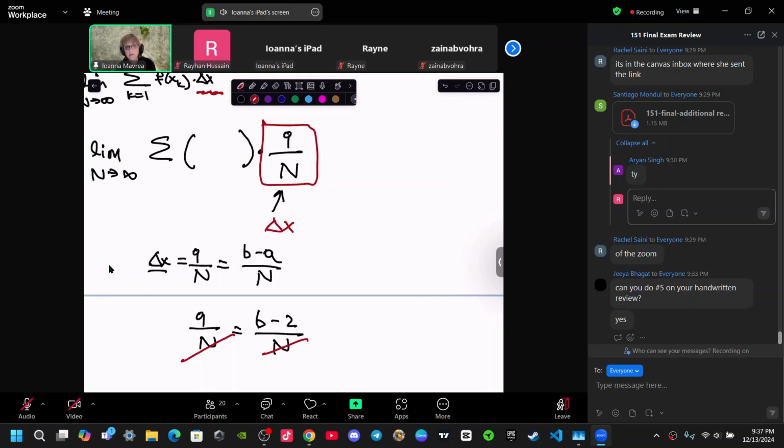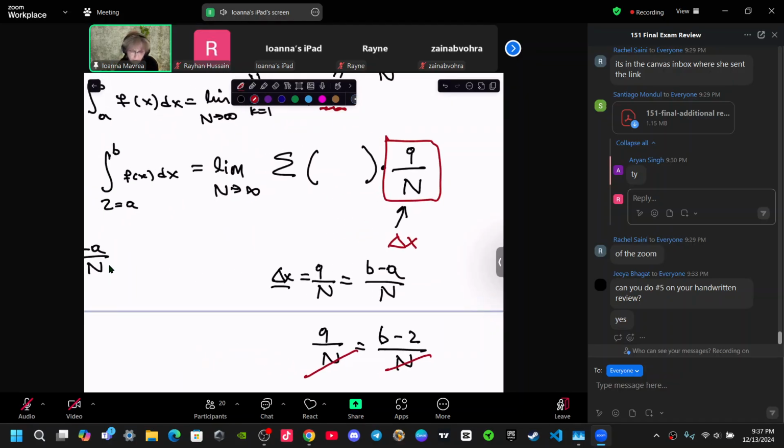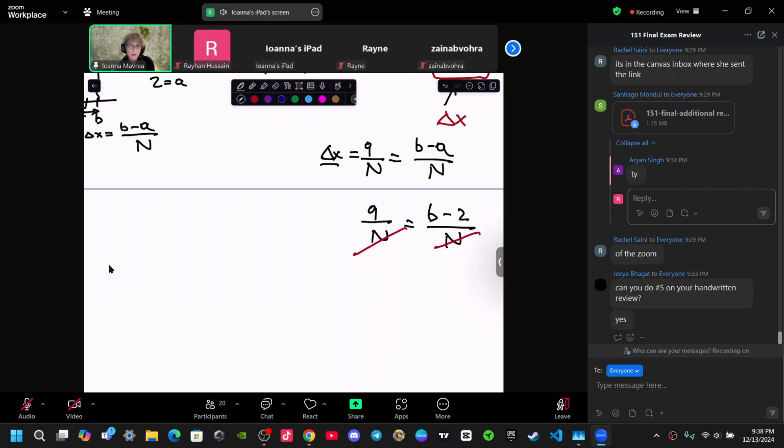Whatever b is, it's right there. Okay, so now that we know b, what is f? This thing here is your f, but evaluated at specific values of x. So what are those values?